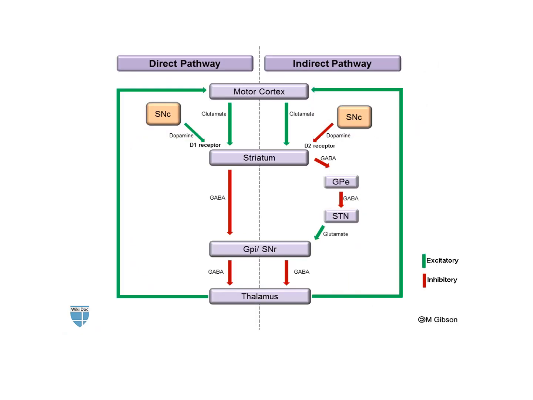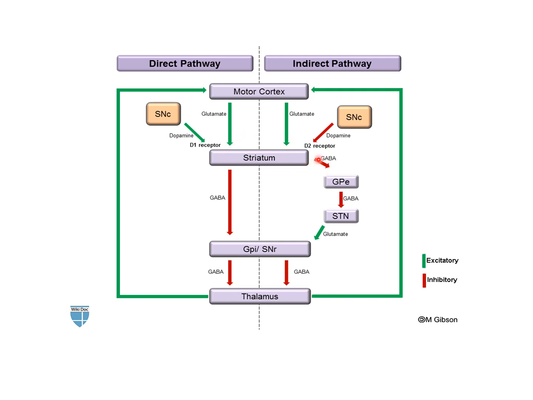In the direct pathway, the nerve fibers converge on the striatum from all parts of the cerebral cortex via corticostriate projection, and their endings contain the excitatory neurotransmitter glutamate. So from the motor cortex, the excitatory glutamate stimulates the striatum.